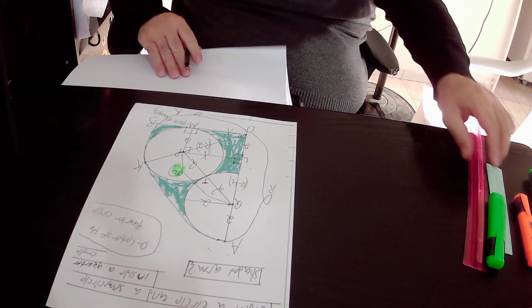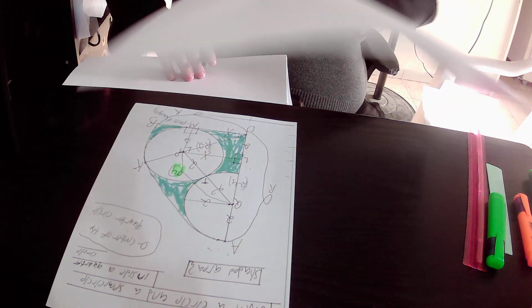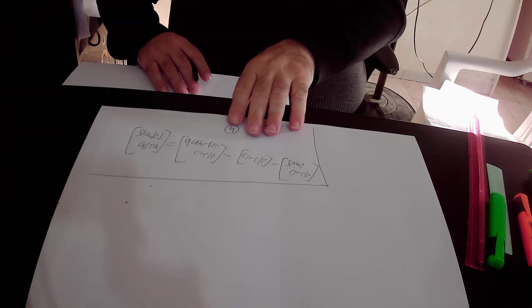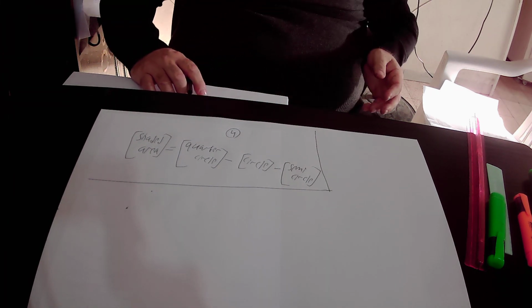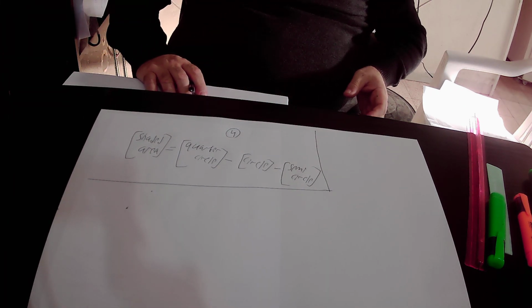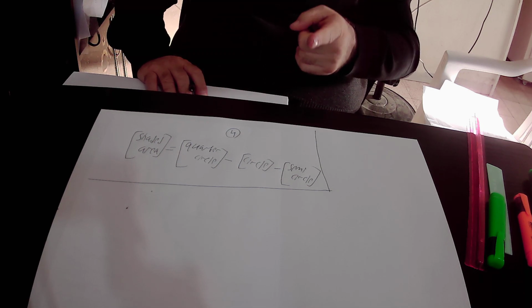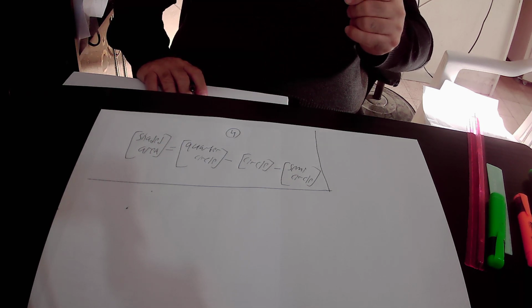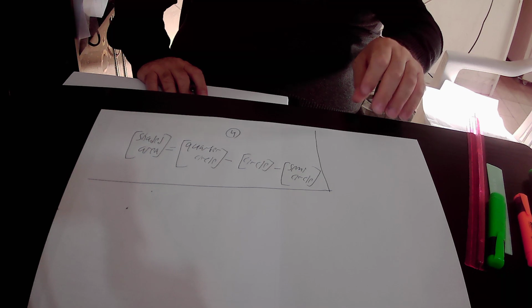I repeat again, the value of the shaded area in the drawing equals to the area of the quarter circle minus the area of the circle minus the area of the semicircle.